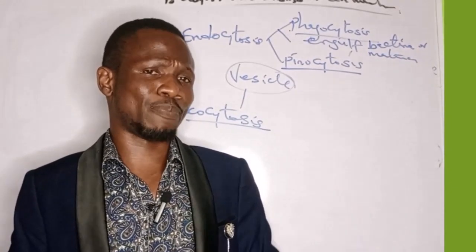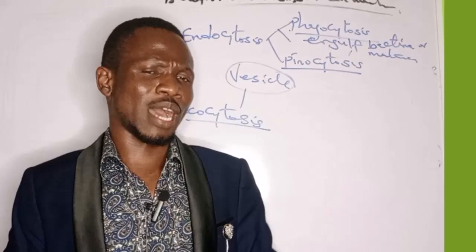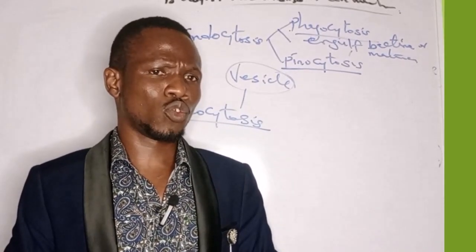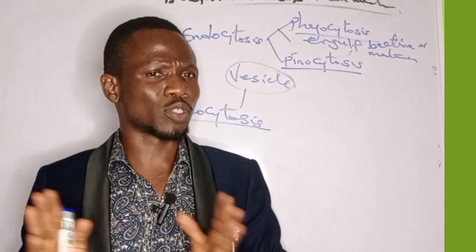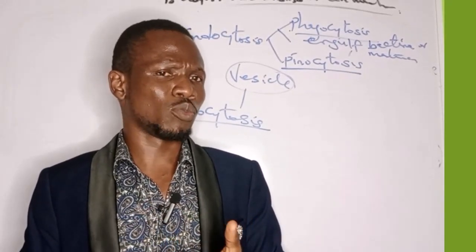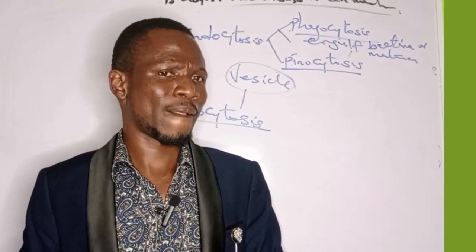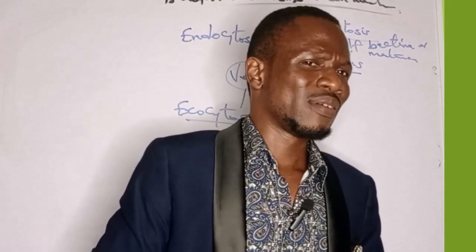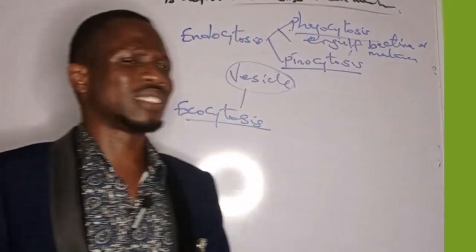It is a passive transport. And we still have diffusion and osmosis, which I believe you know. So these are the transport mechanisms across the cell membrane. Remember, diffusion, osmosis, and transporters are passive transport, while bulk transport is an active transport.